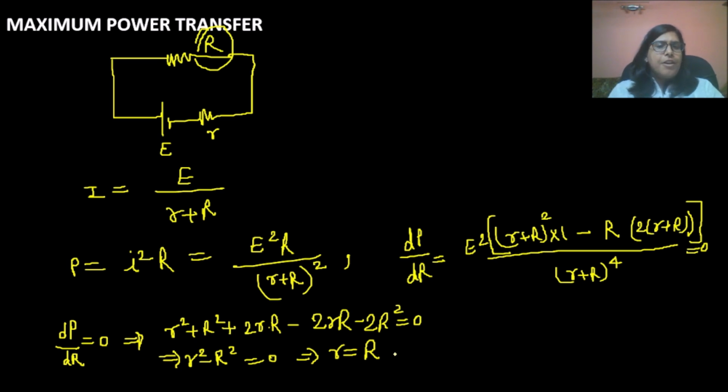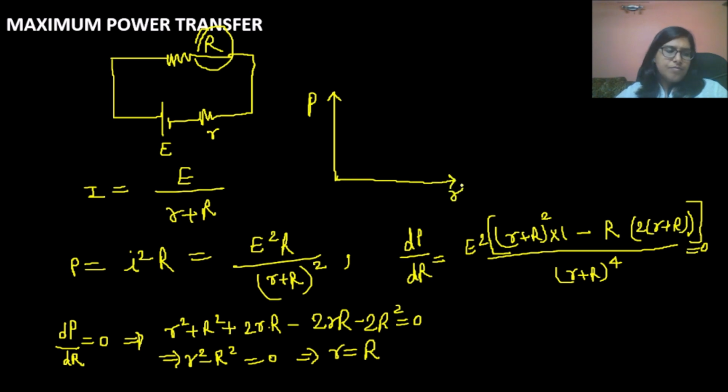So the power consumed by this load resistance will be maximum when this equals the internal resistance of the battery, and the graph between the power and the resistance will be like this. This will be maximum when R equals r.